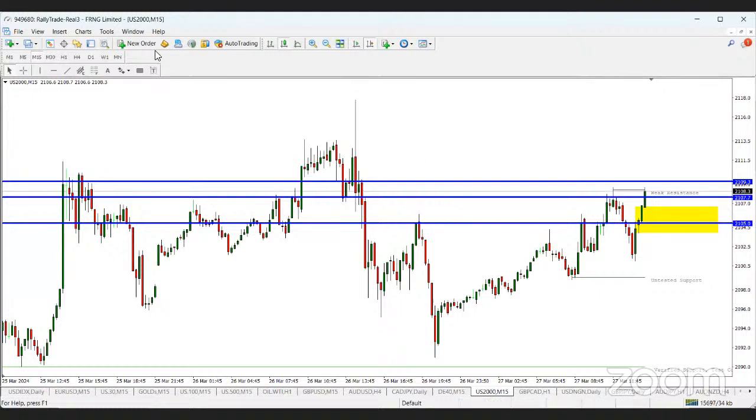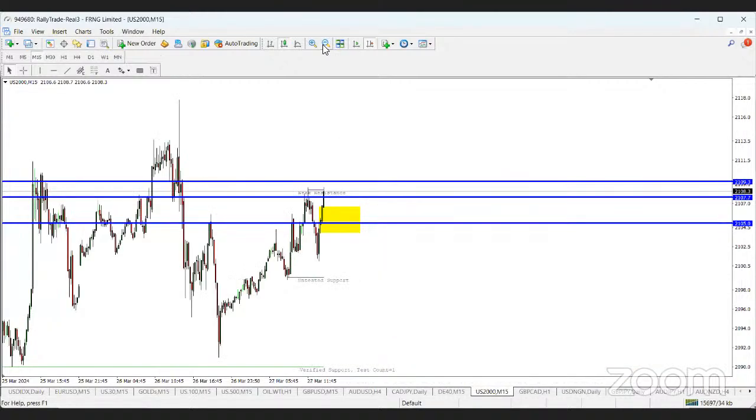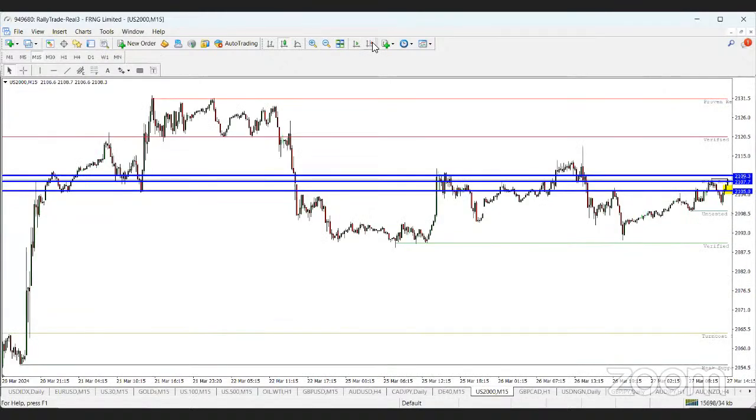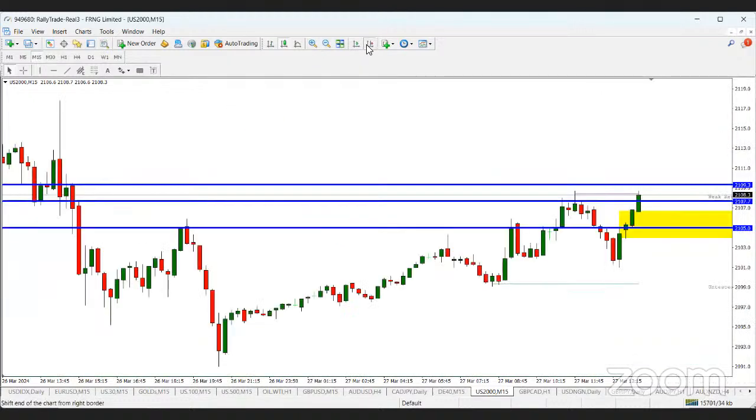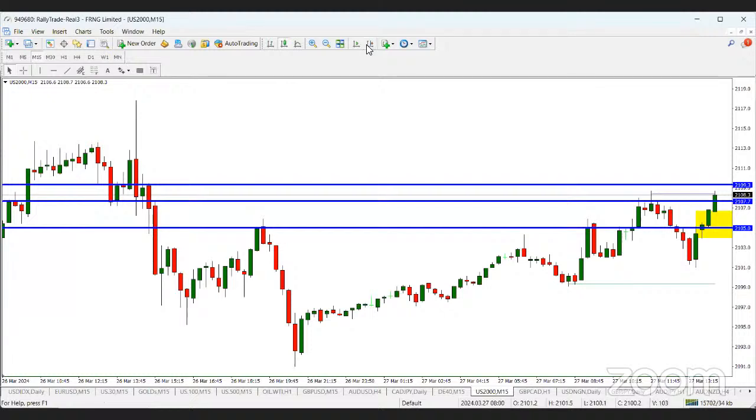Either I'm doing that, or let's see where we can look out for our buy entry. I don't want a situation whereby price clips the entry and returns back to the downside. So what I will advise for the buy, a better place to buy US 2000 from, will be that 2105, and then take profit at around 2108.